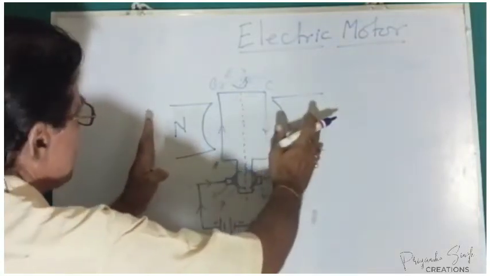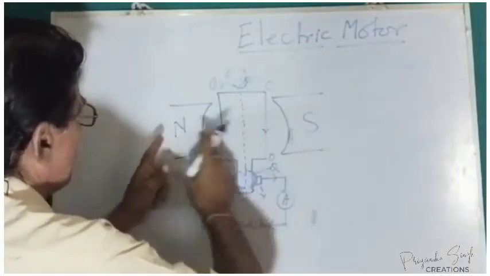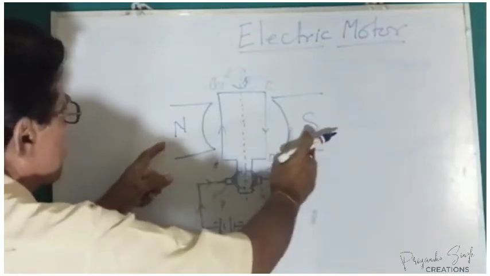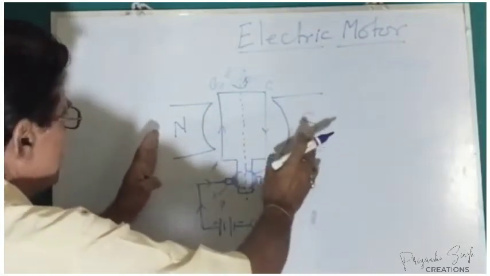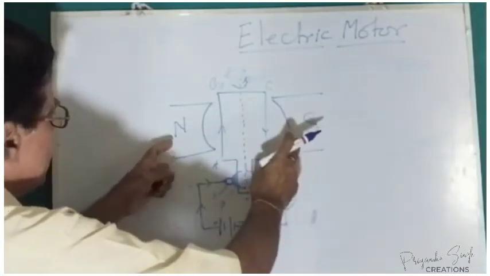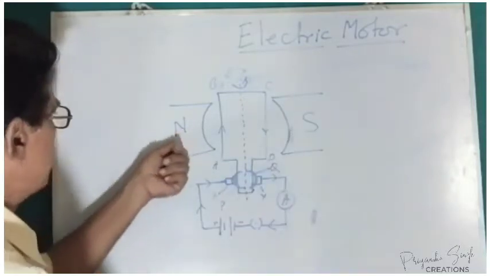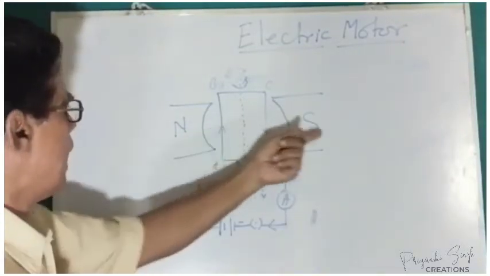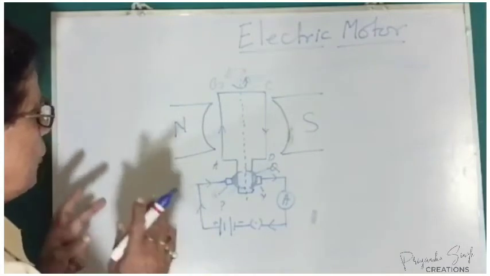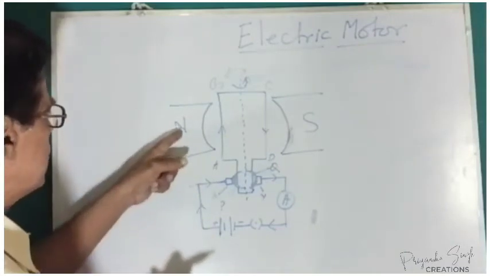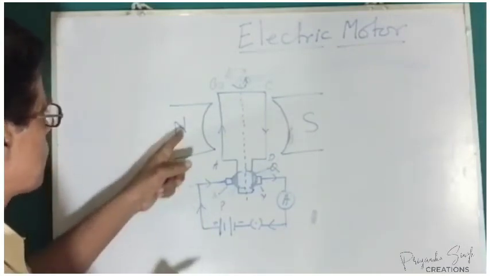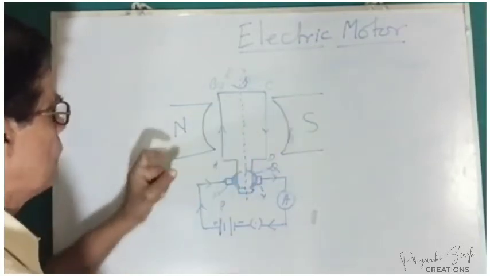There is a permanent magnet here whose north pole and south pole are denoted by the symbols N and S. We know that the magnetic field extends from north pole to south pole.